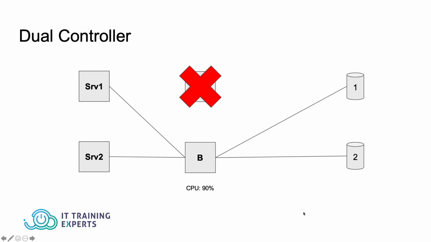Most dual controller designs in this scenario, if I'm at 90%, even when I get controller A back online, I probably will have to perform some kind of upgrade. And this upgrade would typically be a controller swap, so I may replace the controllers I have with something bigger. In most cases, you don't have to do a complete forklift upgrade of the entire environment.